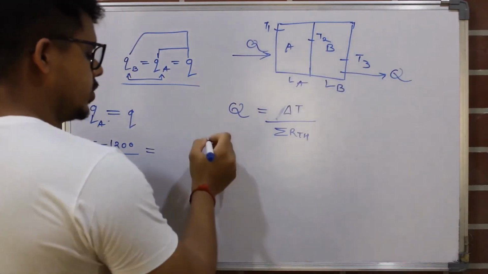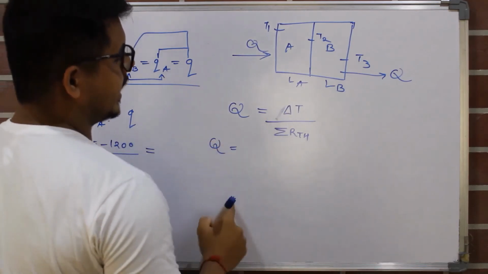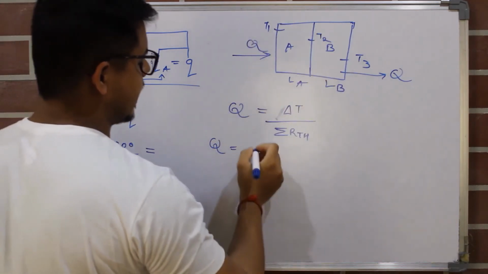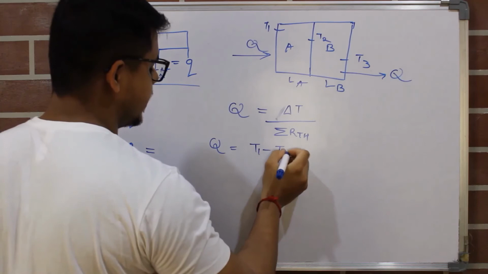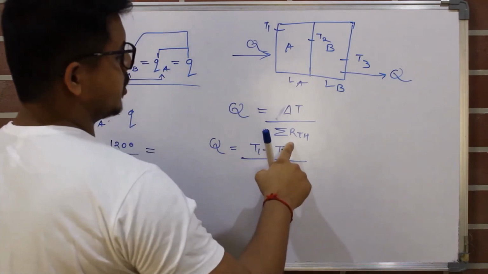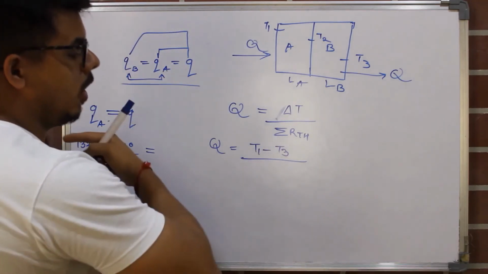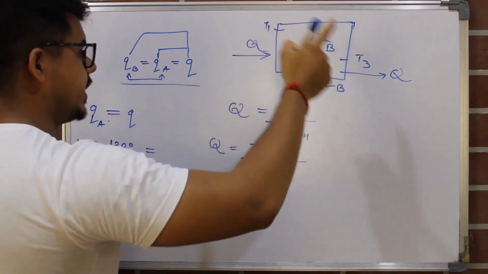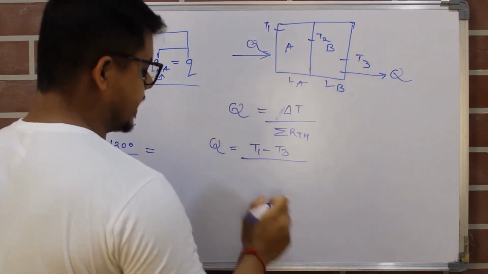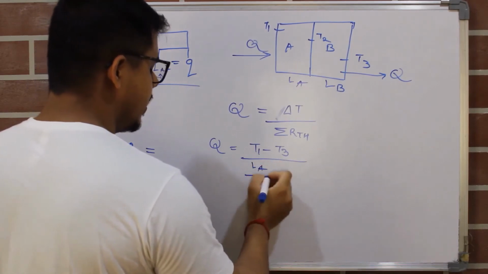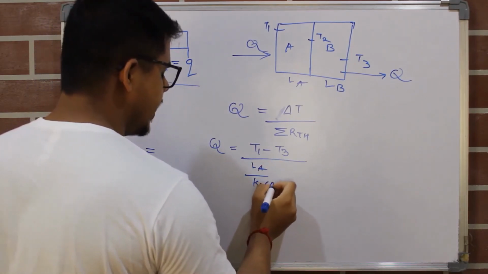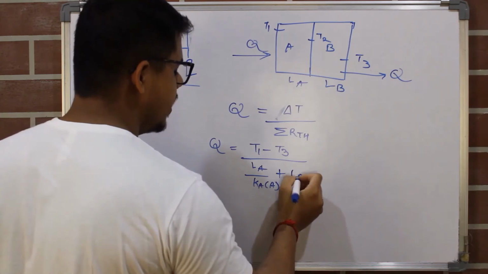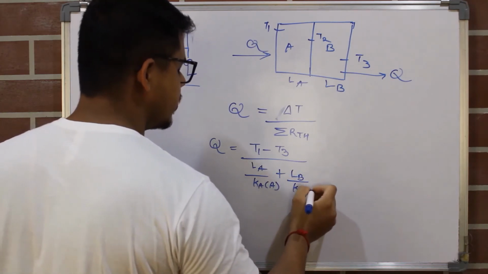So Q is equal to delta T, first temperature minus last temperature, that is T1 minus T3, divided by summation of RTH. Now we have to add all the resistors between T1 and T3. So we have only two resistors, that is LA by Ka into A plus LB by KB into A.